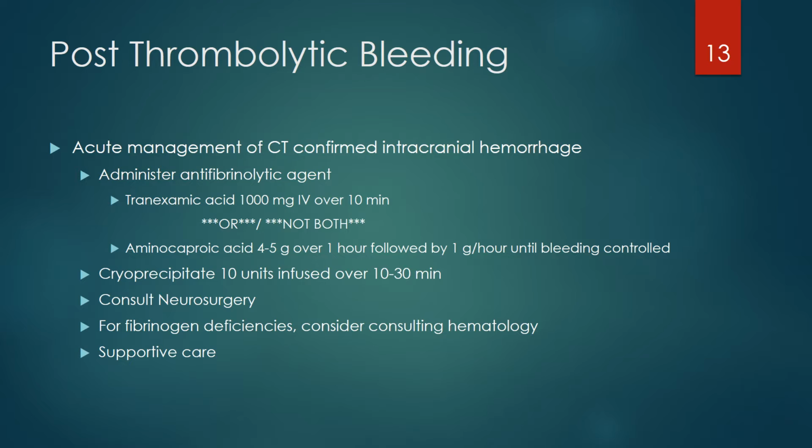And you will likely need cryo, 10 units infused over the first 10 to 30 minutes, and may need to repeat, as we did actually in our last patient that bled post TPA. Always important to consult neurosurgery when you've got a big head bleed. And then for fibrinogen deficiencies, you want to consider consulting hematology. And then obviously we're going to provide supportive care to these patients.